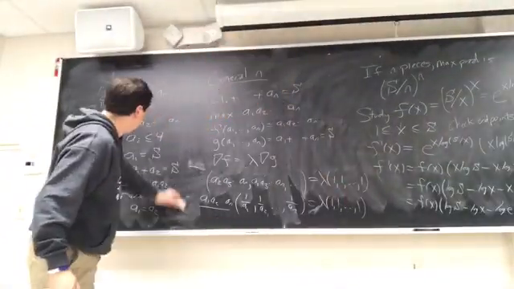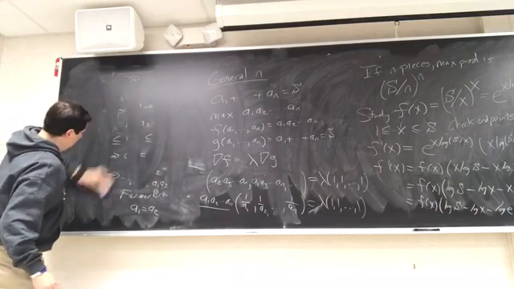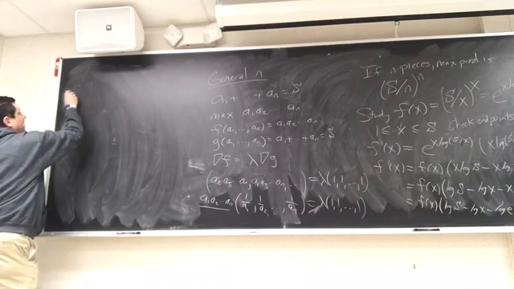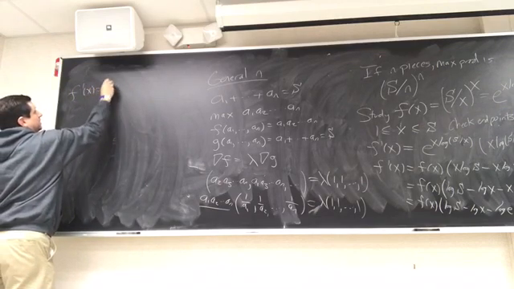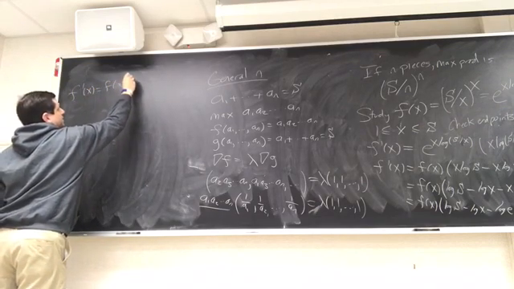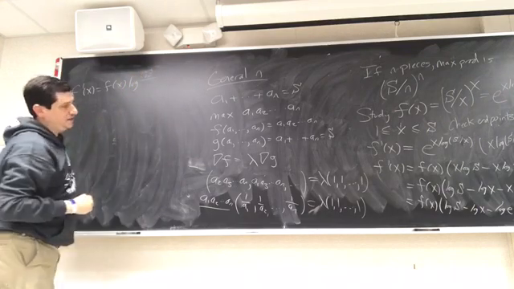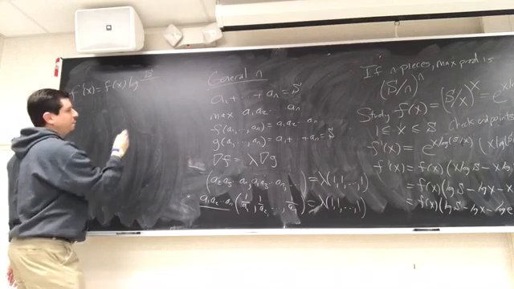And so now, if I combine, we get f prime of x is f of x times the log of s divided by x over e.